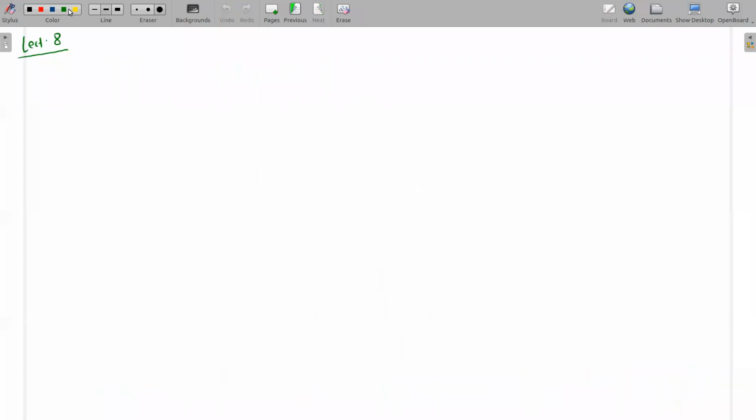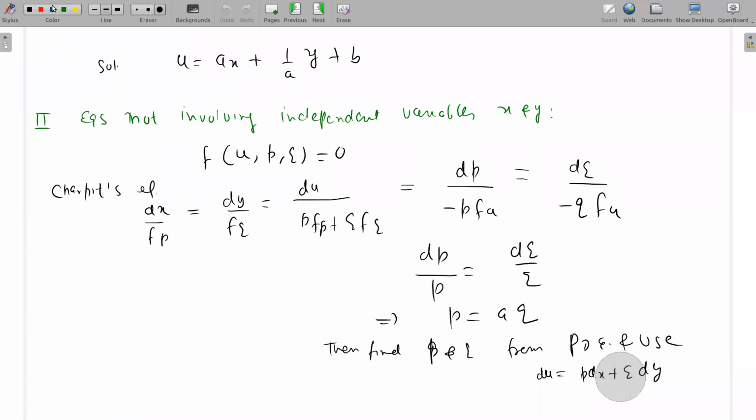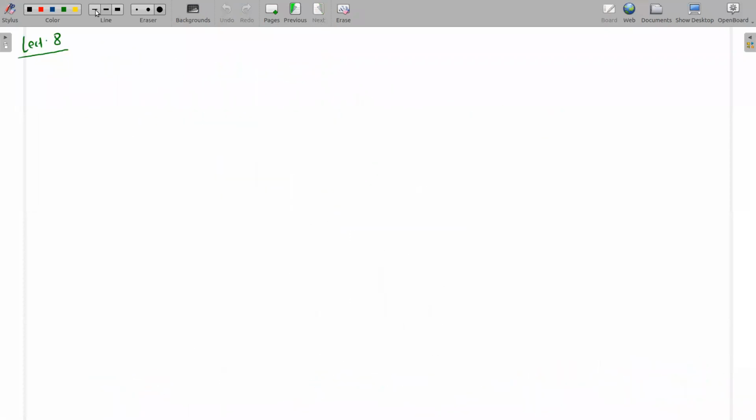Next case is separable equations. This means you can separate the variables in this form: x and the derivative with respect to x on one side, and y and the derivative of u with respect to y on the other side.